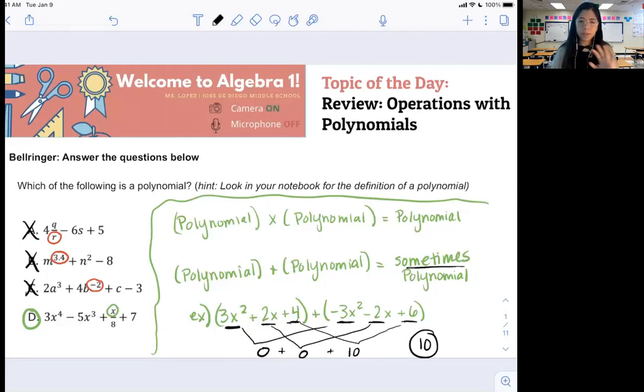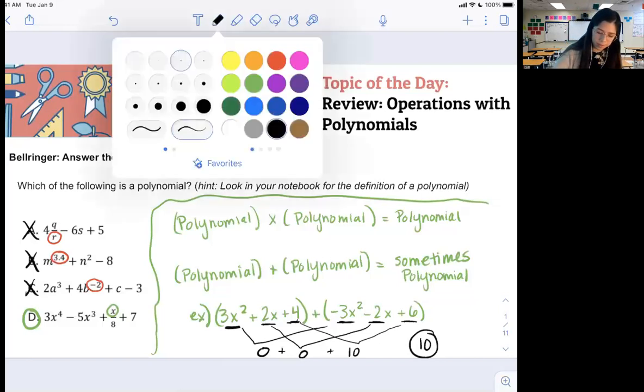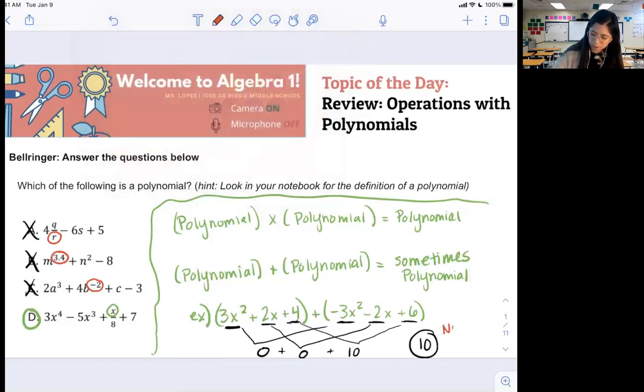So you've got to be a little bit careful with addition. But with multiplication, no matter what, you will always end up with a polynomial. And we'll talk about that throughout today's class. So does anyone have any questions on these two rules? And let me write this down. Hold on. You end up with 10, which is not a polynomial.